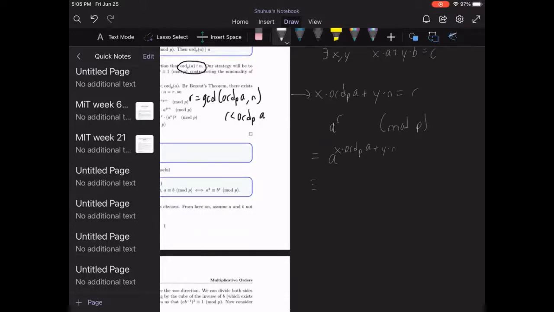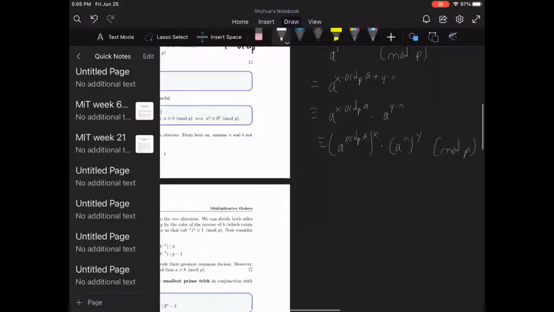We can split that up into a to the power of x times order mod p of a, times a to the power of y times n. Then this becomes a to the power of order mod p of a, all to the power of x, times a to the power of n, all to the power of y, and this is all mod p.